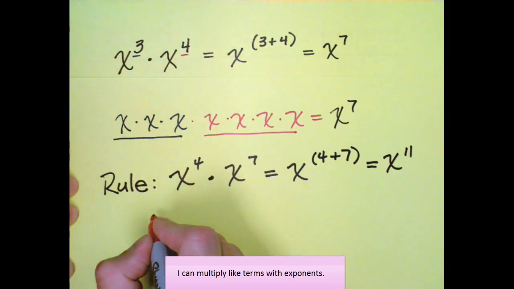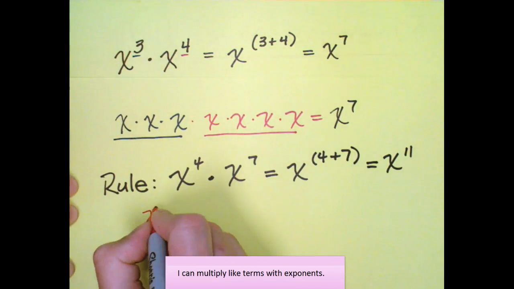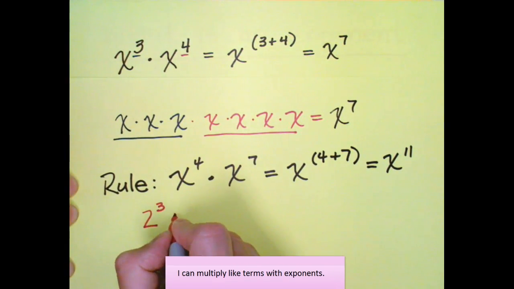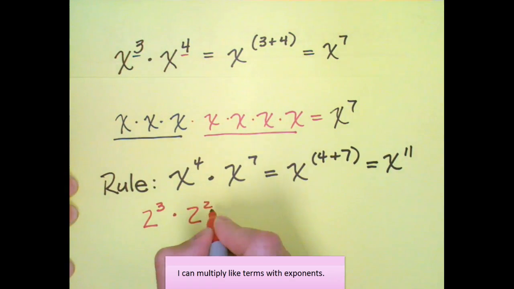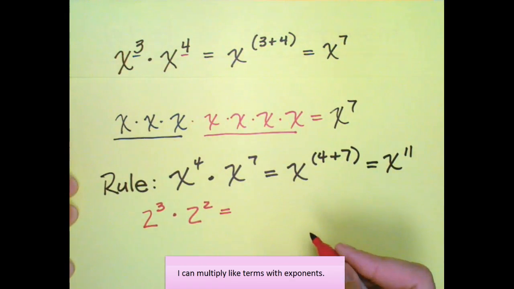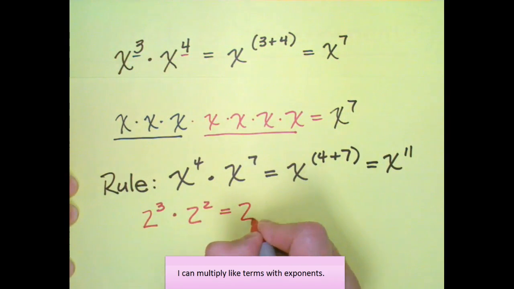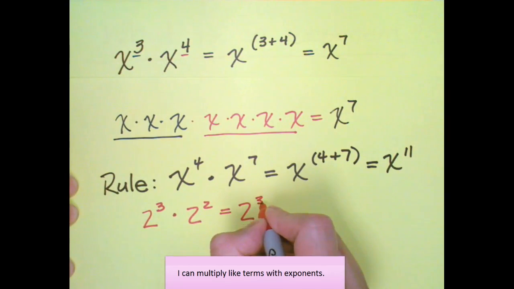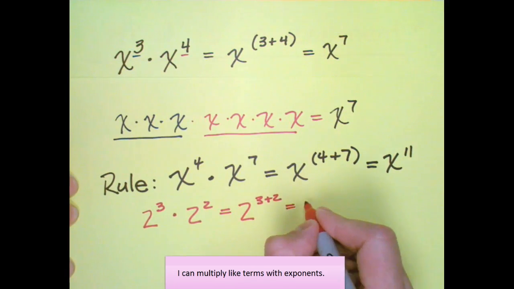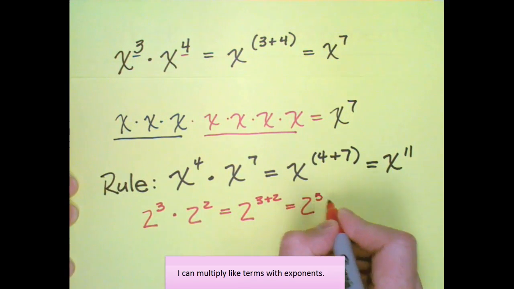So if we had something like 2 to the 3rd power times 2 to the 2nd power, our answer would be, hopefully everybody is saying or thinking, 2 to the 3 plus 2, or 2 to the 5th power.